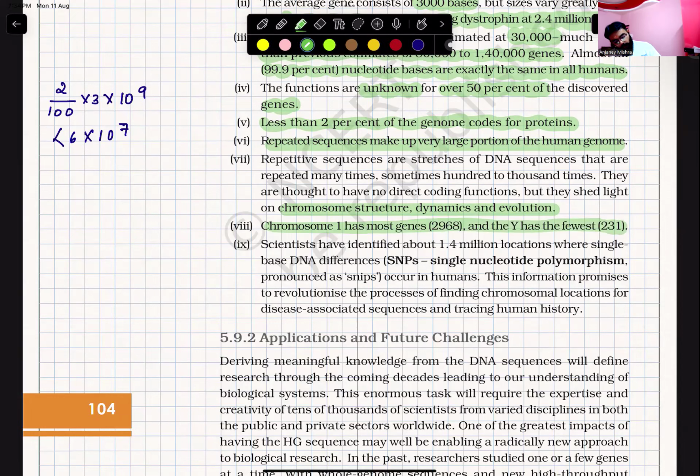Scientists have found out 1.4 million locations where there is a single base, single nucleotide change. Okay, this information promises to revolutionize the process of finding chromosomal locations for disease-associated sequences and tracing human history. The best example of understanding this is sickle cell anemia.